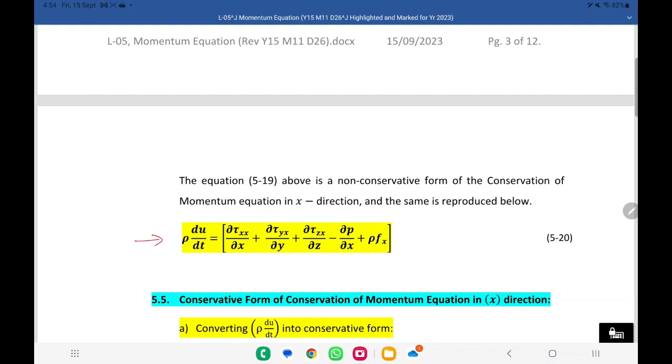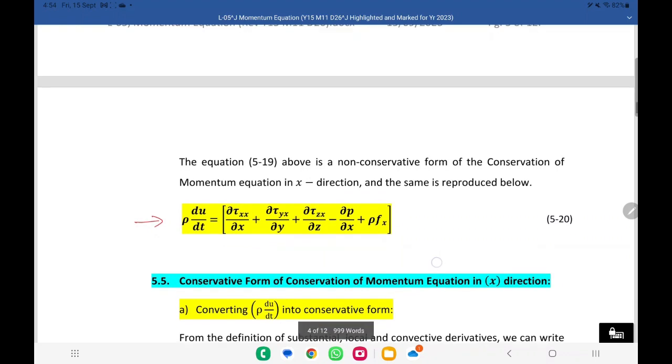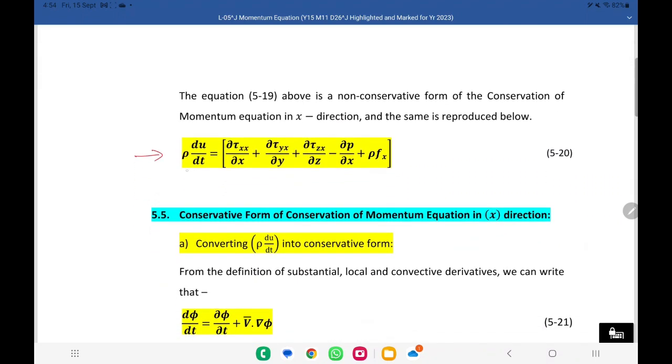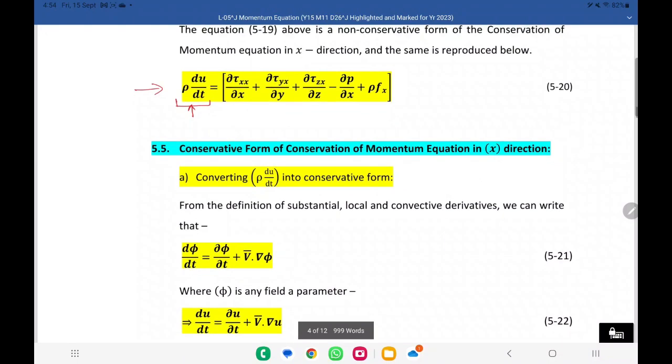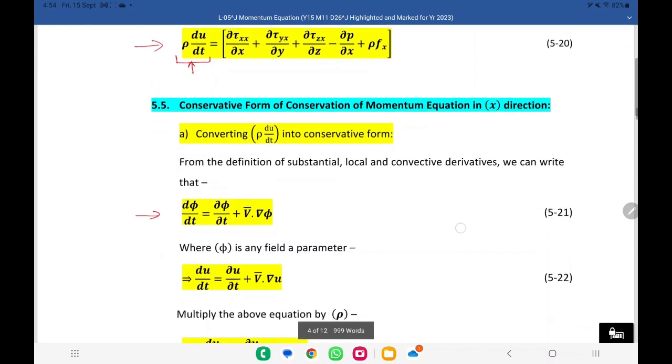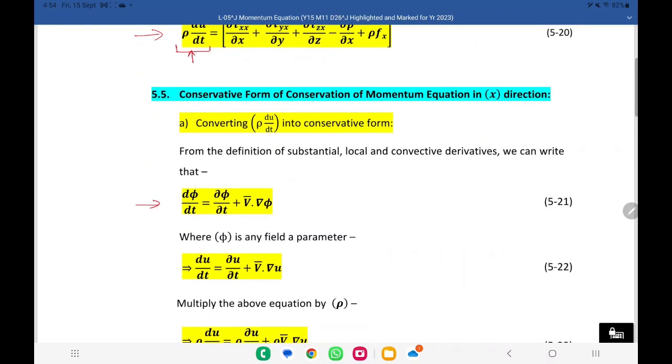We make the conservative form of it. And as you guessed rightly, you had to do something here. The rest are all already conservative terms. Okay. So now what we do, we already know that this is the equation for local derivative, convective derivative and total derivative, total local convective.